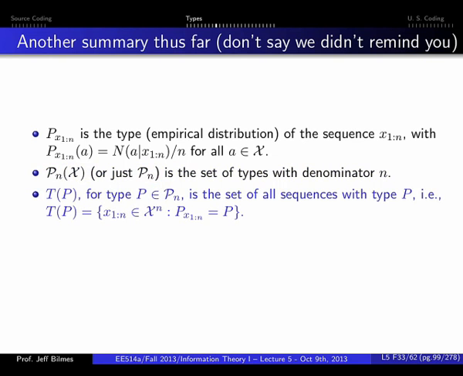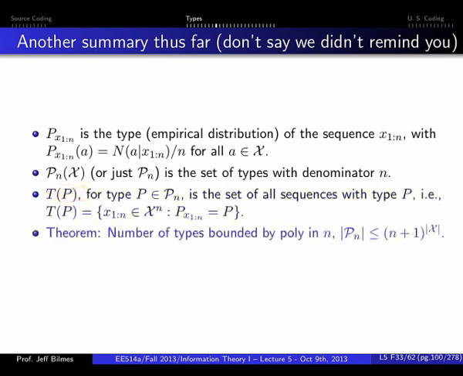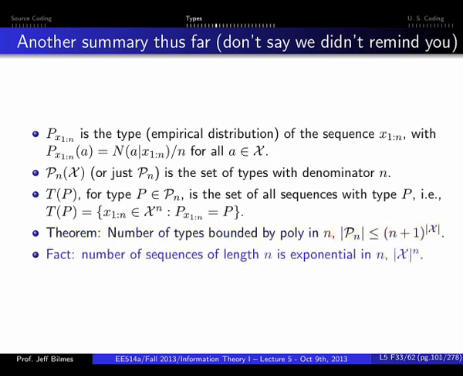It's the set of sequences that have a particular type. We have this theorem, which says that there's only a polynomial number of types, polynomial in n. And then we also know, it's just a fact, that the type class is exponential growth. This meaning this is exponential.